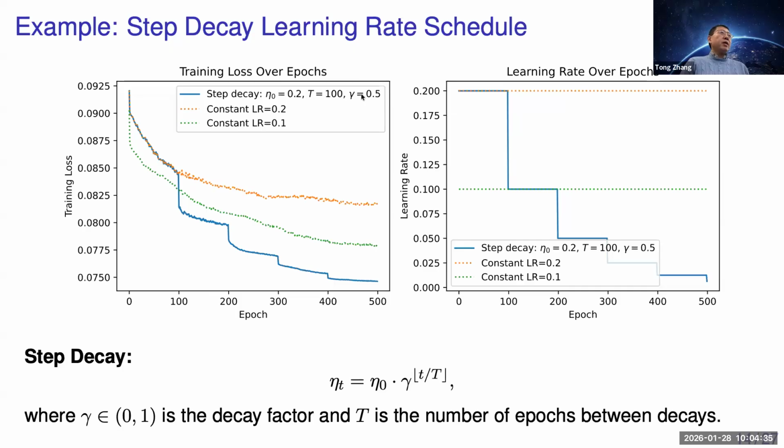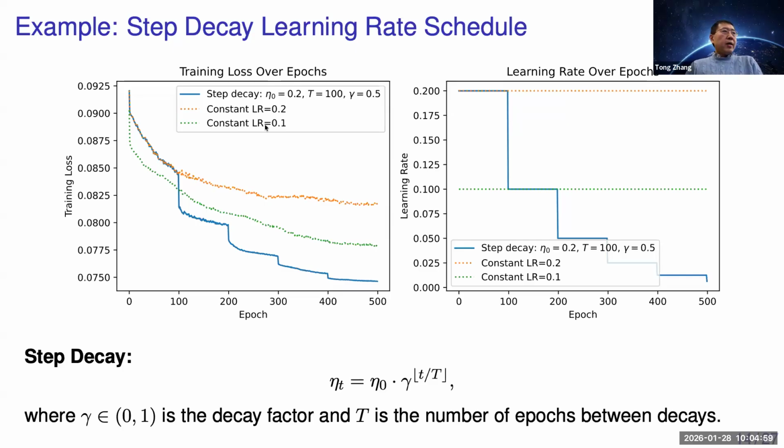Here gamma equals 0.5, which means every 100 epochs you reduce it by a factor of 2, multiplying by 0.5. Starting with this value, after 100 epochs it becomes 0.1, after another 100 it becomes 0.05, and so on. So this is a learning rate schedule.